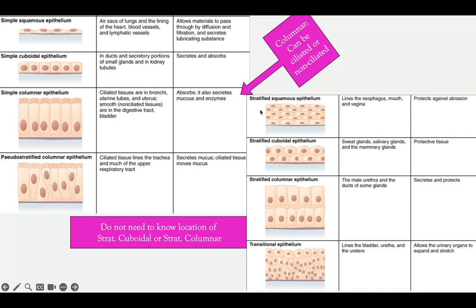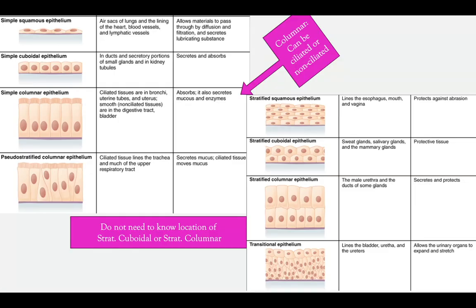Over on this side, we have our stratifieds. With the stratified, remember it's any time that it's more than one layer. Even if it's two, it's still considered stratified. The first type we have is stratified squamous epithelial tissue.